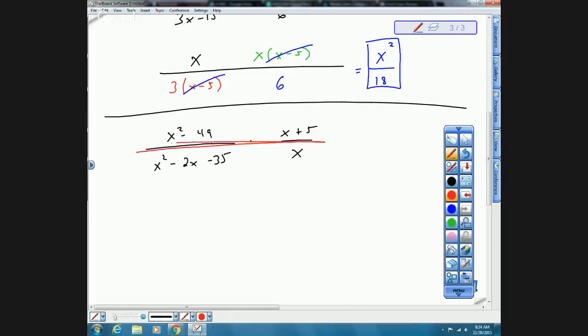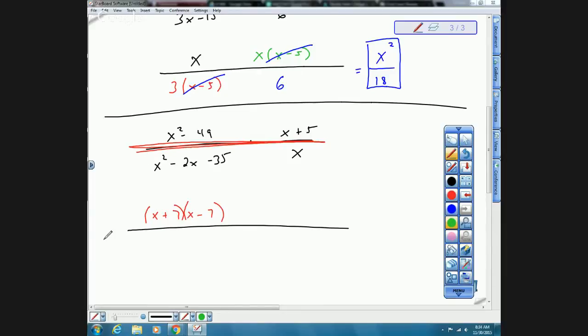All right, so here again, looking at everything across. So in the upper, what can I do to this one? Not an X there. What? There's none. Right, so X times X is X squared, 7 times 7 is 49, and you do the plus and the minus.